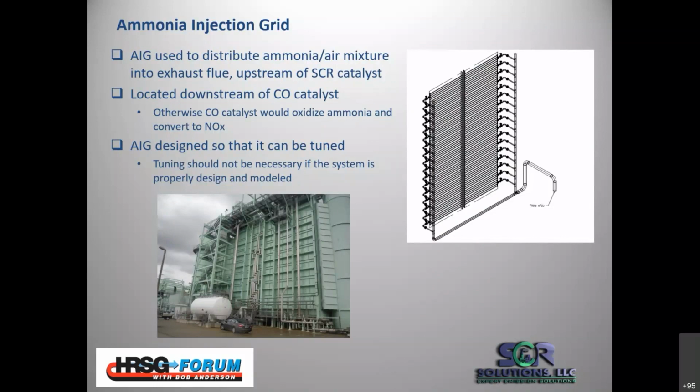The objective is to distribute that ammonia air mixture into the flue gas as evenly as possible. It's typically located downstream of the CO catalyst if there is a CO catalyst present. And the AIG should be designed so that you can tune it. We're going to talk about tuning. And our theory is you should not have to tune an AIG in a combined cycle unit if it's properly designed and modeled, but you want to have that flexibility just in case.